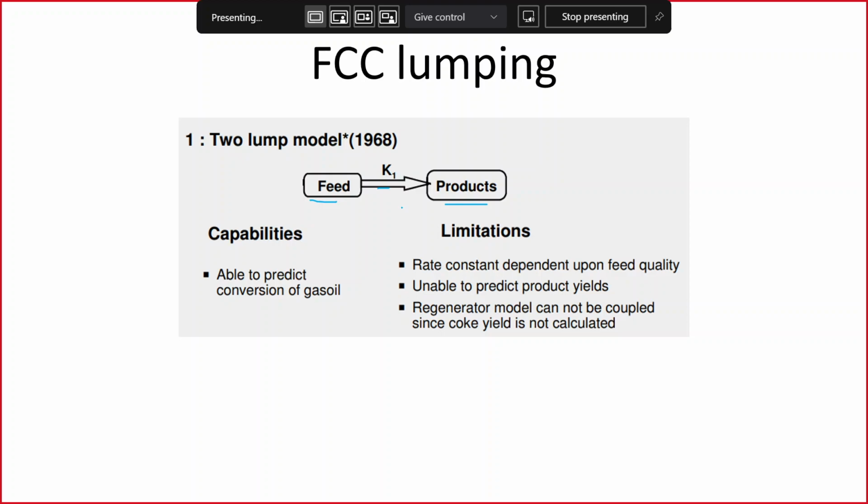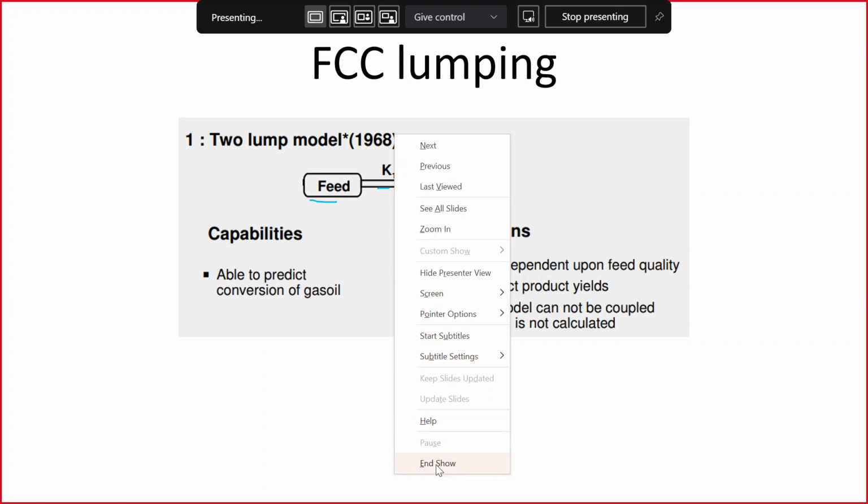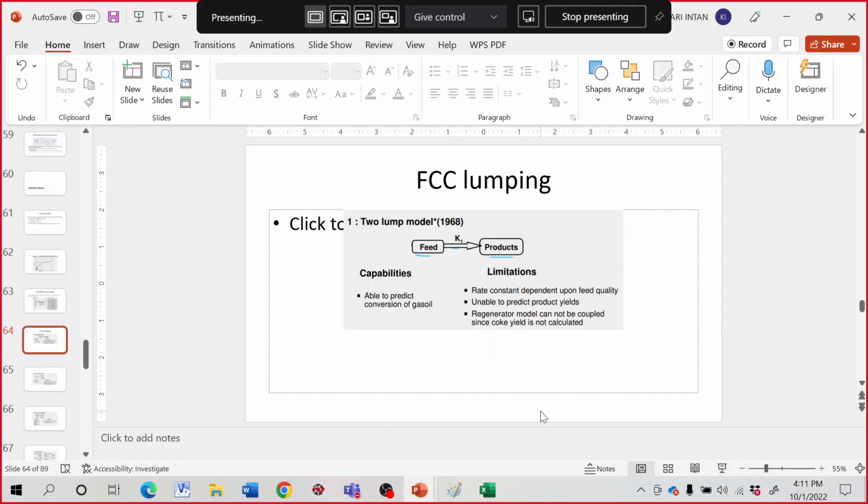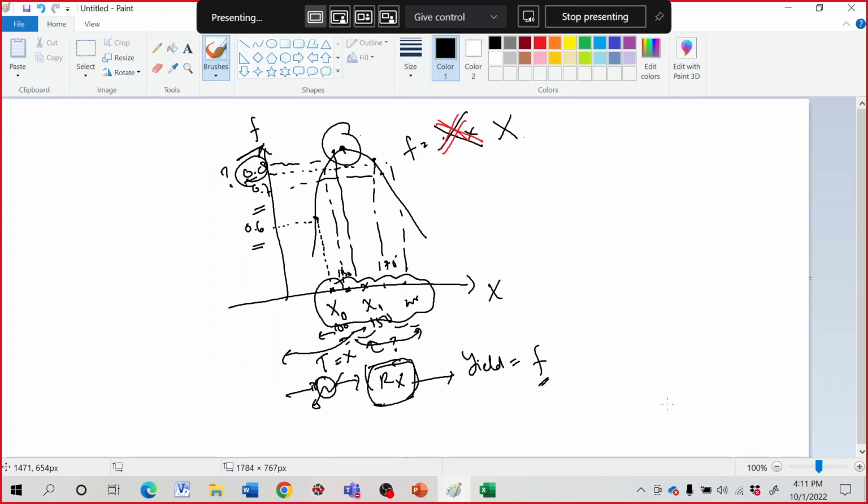In this case, they always assume, because number one, we don't know, and number two, in many cases everything in nature works like a first order. Whether you realize it or not, you have seen this first order. If you don't know, you touched upon this during your reaction engineering or process control class.